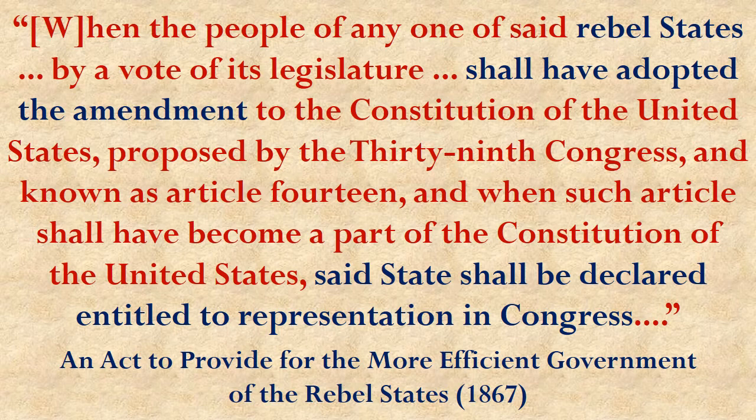So until then, they would remain conquered territories. If they accepted the amendments that the national government wanted, then they'd be welcomed back in as full-fledged members of the country. So this was an extreme act of coercion on the part of the national government to force the southern states to agree to give the national government more power.